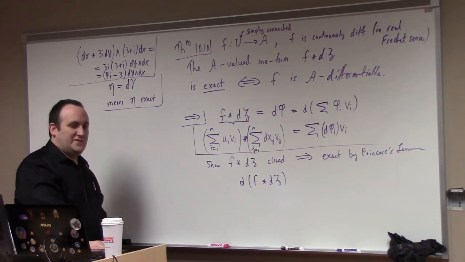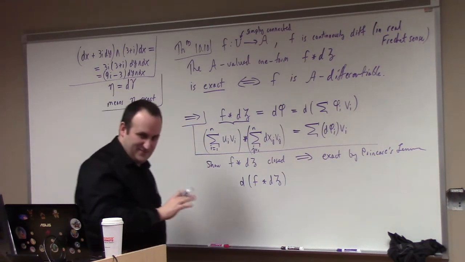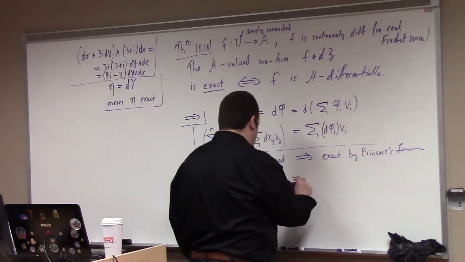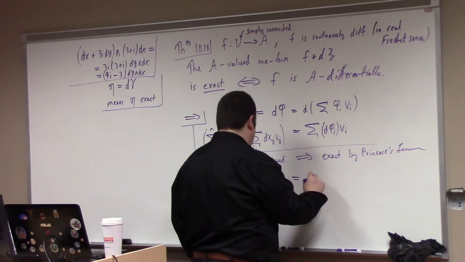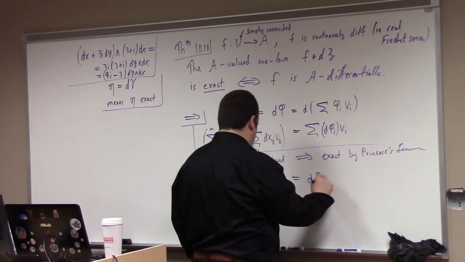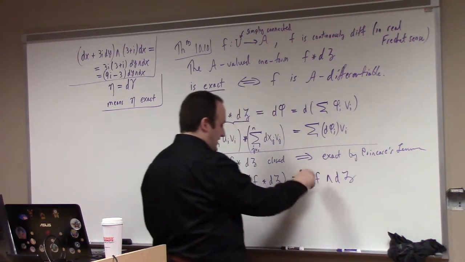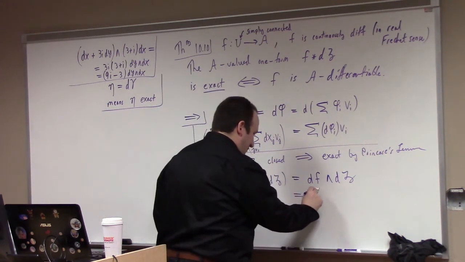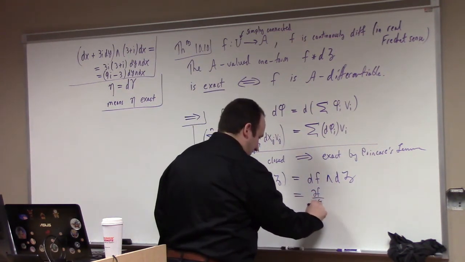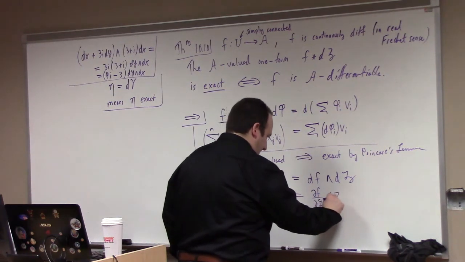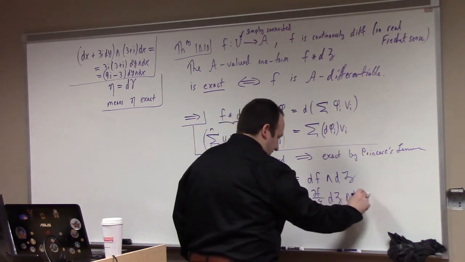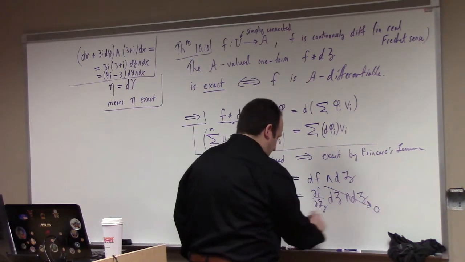I'm going to do it formally, but I give details in the paper to show that the following formal calculation is not utter nonsense. It's in fact legit. What's df? df is nothing more than partial f partial zeta d zeta. And yes, d zeta wedge d zeta is 0.